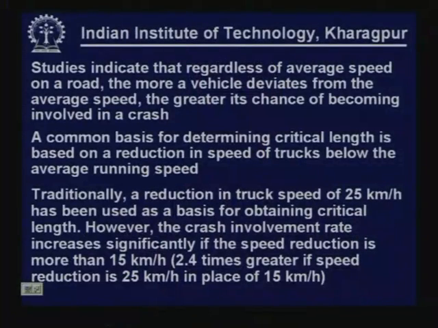As mentioned, the more a vehicle deviates from the average running speed, the more is the possibility of it getting involved in a crash. Therefore, while we are trying to understand the critical length of grade, a common basis is recommended: the reduction in speed of trucks below the average running speed, to control that deviation.